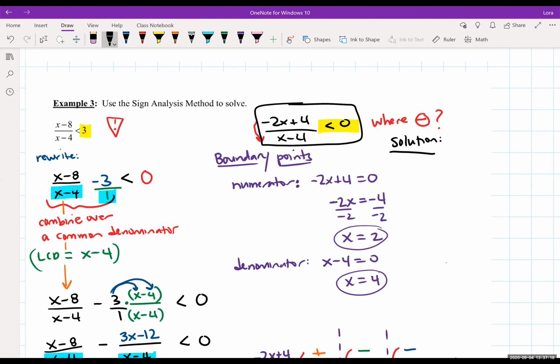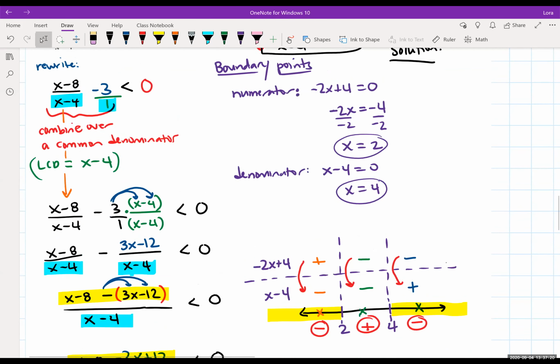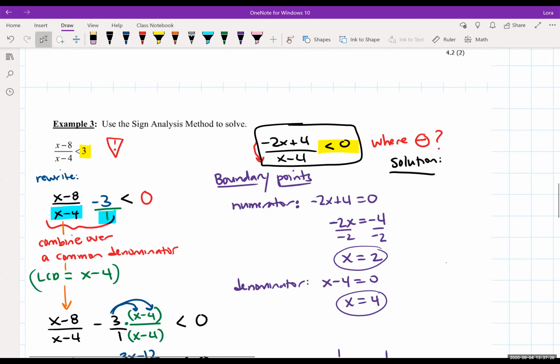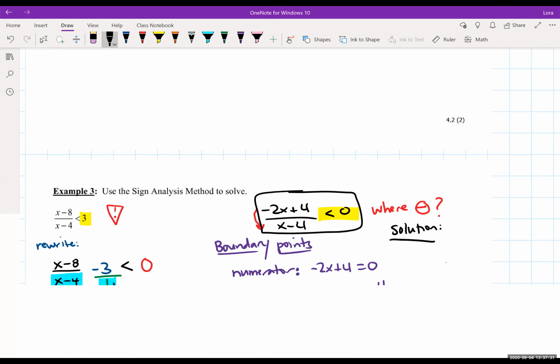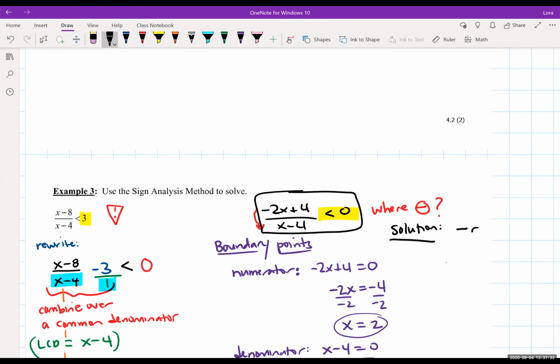So if I'm going to describe the regions that I have, if I'm looking at the far region on the left, I have negative infinity to positive 2. And notice the inequality symbol is strictly less than, so we don't have to worry about whether or not to use brackets.